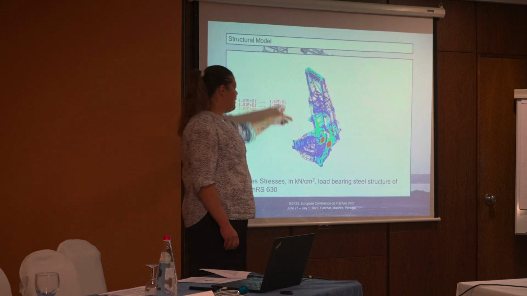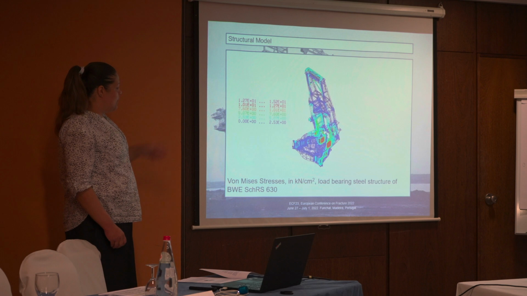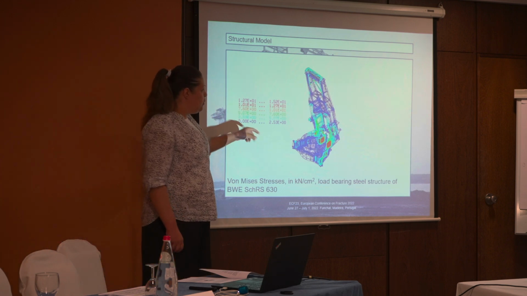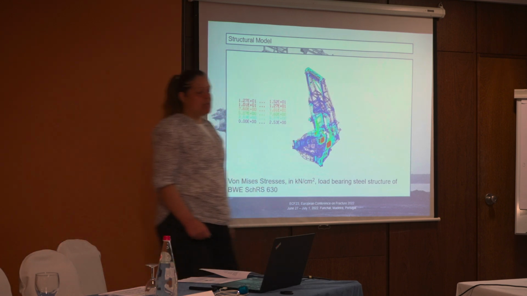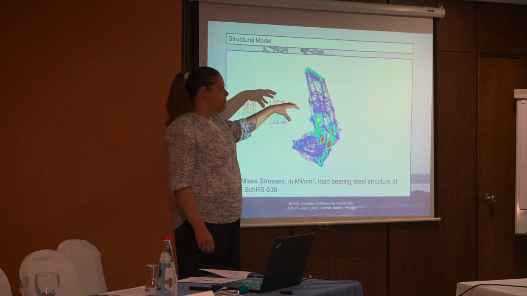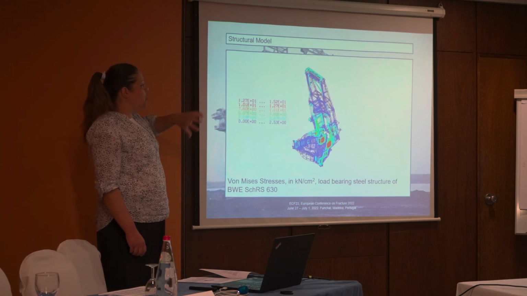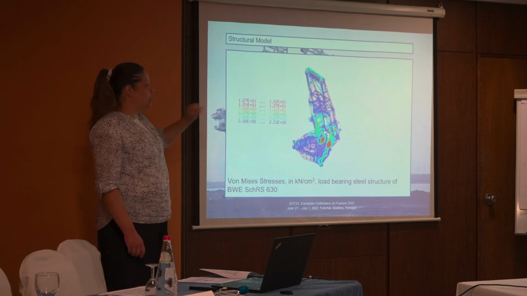And here you can see stresses in kilonewtons per square centimeter. And you can see here zones of stress concentration as well. So this model is mapped in a way to catch all spots, the overall response of the construction.